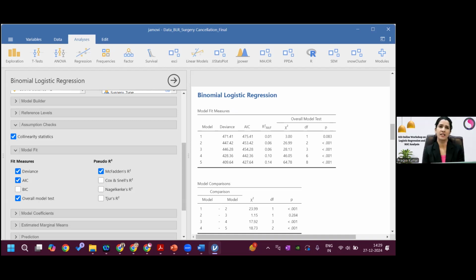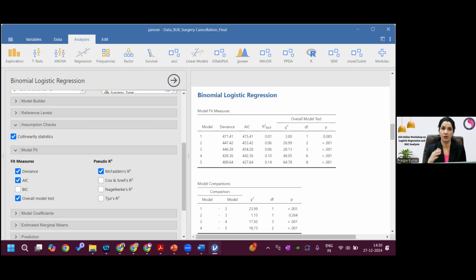Actually, all three options are there, and various authors have said different things. If you see, SPSS doesn't give you the McFadden. It gives you the Cox and Snell and Nagelkerke. I'm not going into the detail of McFadden's calculation; they take deviance and variance into account and calculate the R square.